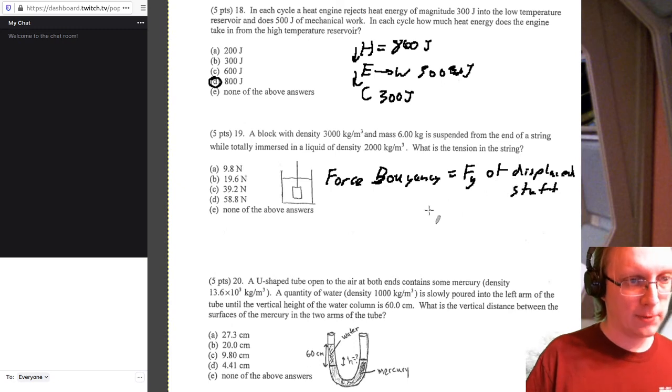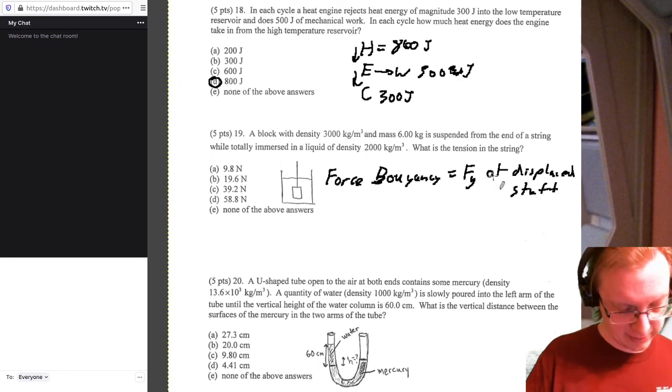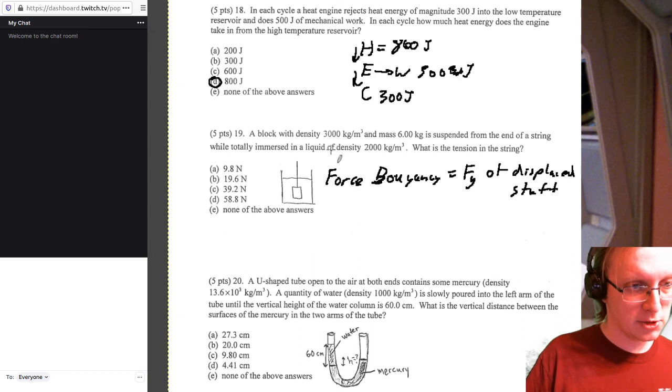In order to do that, we need the mass of the stuff displaced, and to do that, we need the volume of the stuff displaced. So that's what these two things are here for. Volume is equal to mass divided by density.